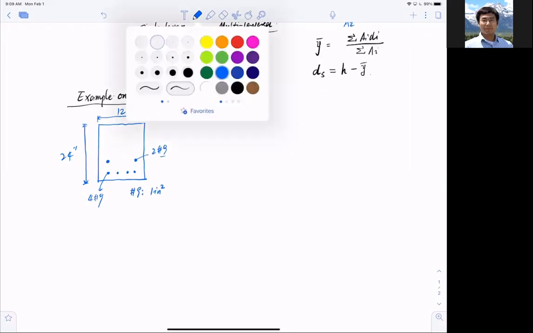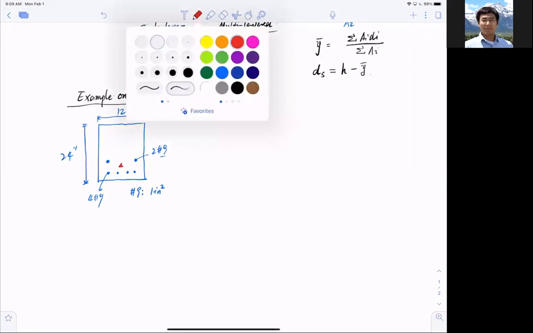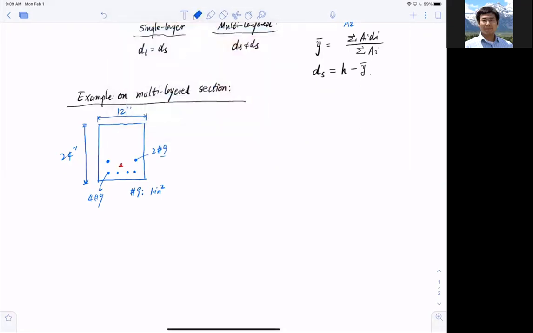And then my purpose first is trying to find out the center of the bars. And by the way, the distance between the positions of the bars is here. This is one of the concrete covers, and this is another distance. Now to save time, let's make it simple for now. Let's just say I already know the depths.